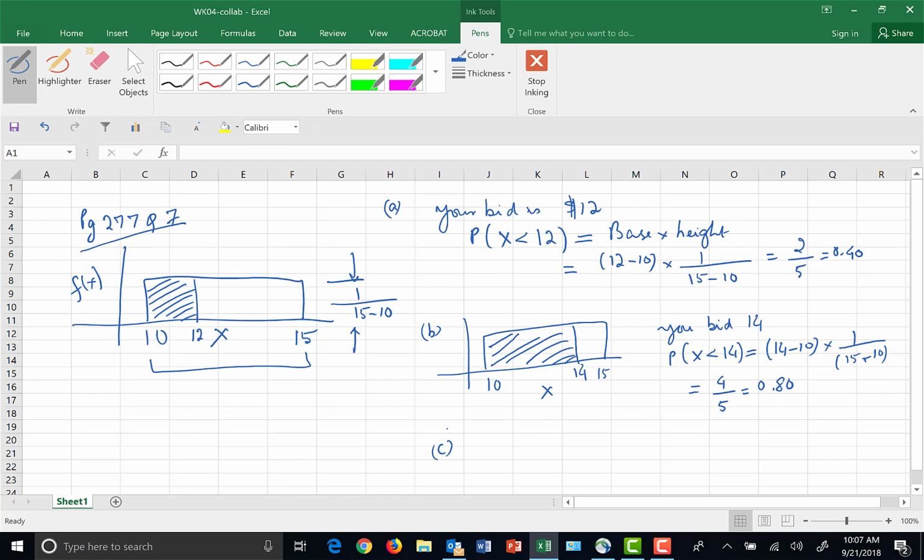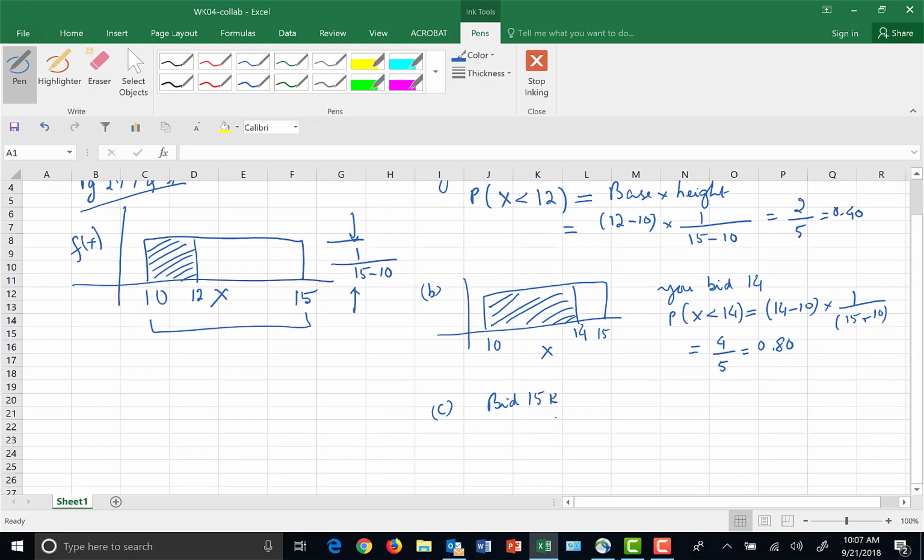So you can see that if you bid 15,000, then the probability that you win, if you again draw this little picture over here, 10 and 15, the likelihood that your competitor will bid less than 15 is equal to base multiplied by the height, which is 15 minus 10, that's the base, and the height is 1 divided by 15 minus 10, which is 1.